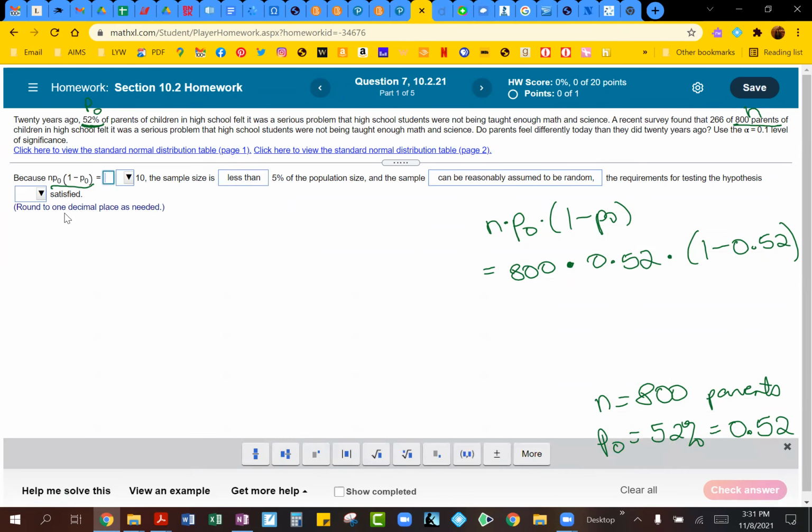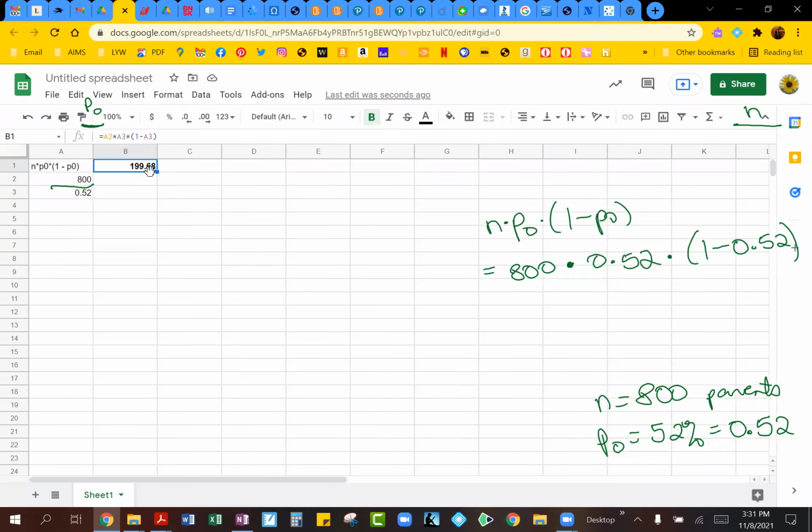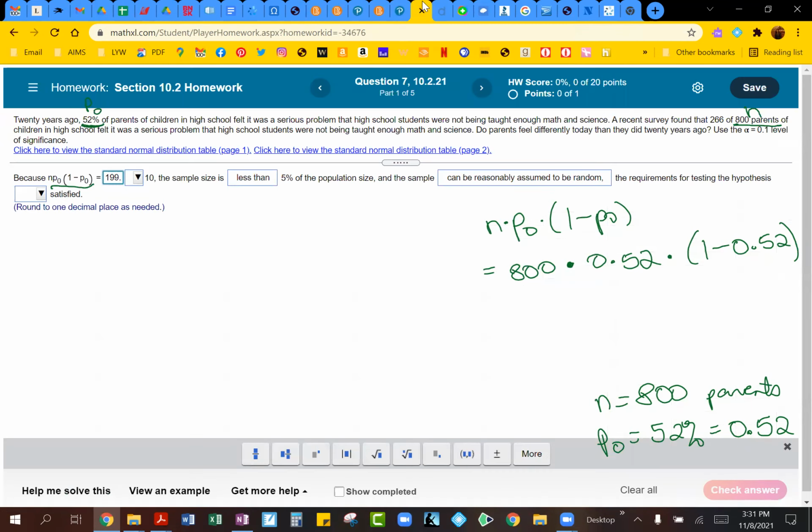So let's see, they want us to do one decimal place. 199.68 would round to 199.7, which is definitely greater than 10. So the calculation works out, it's greater than 10.